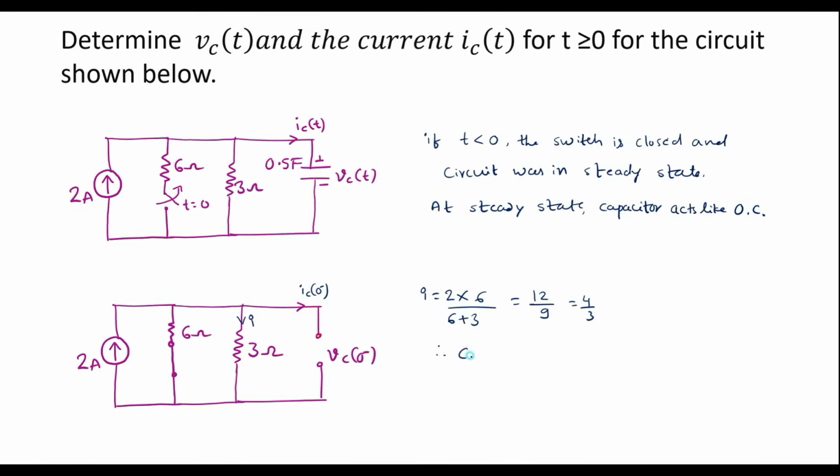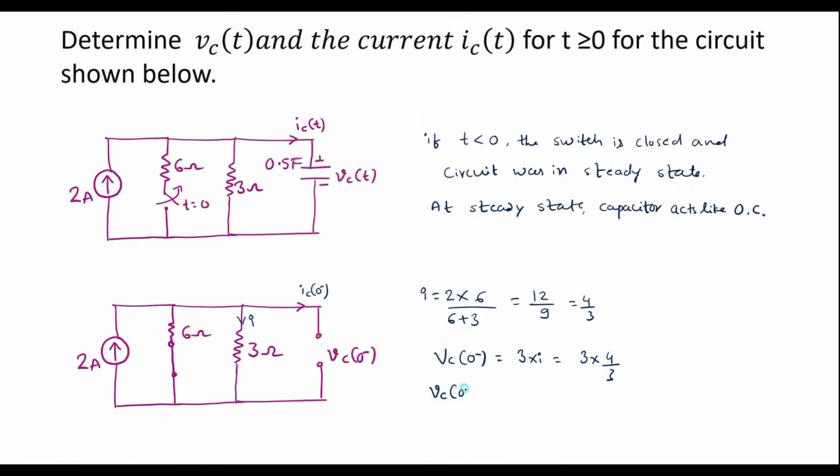So therefore Vc of 0 minus is equal to the voltage across the 3 ohm resistor, or the voltage across the 6 ohm resistor. Vc of 0 minus is equal to 3 into I, that is 3 into 4 by 3.